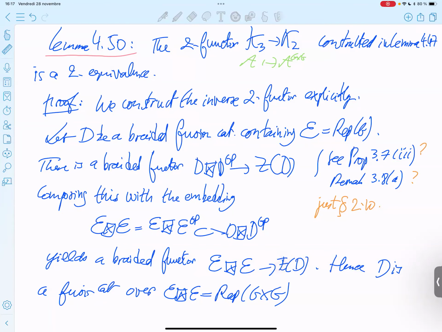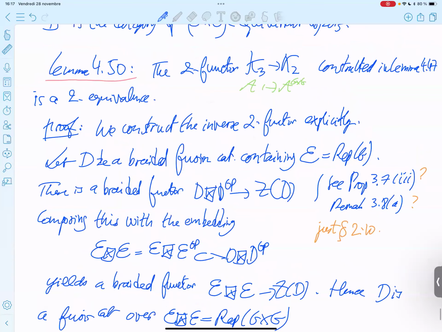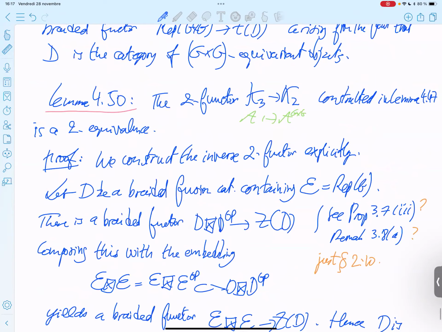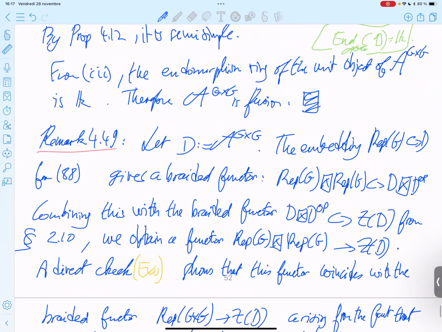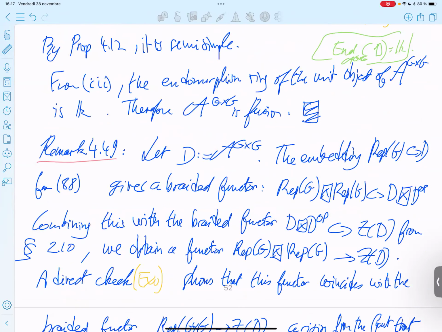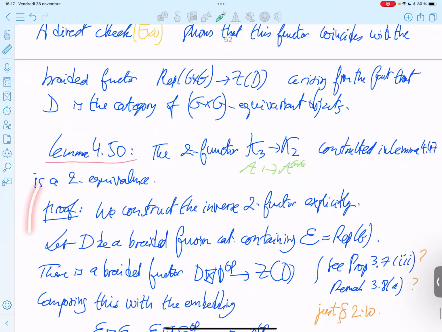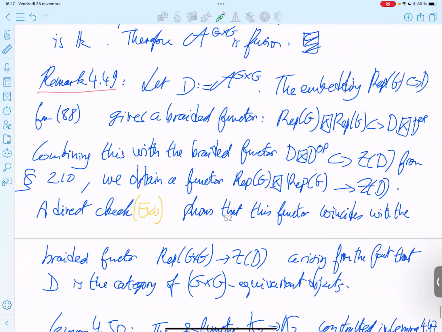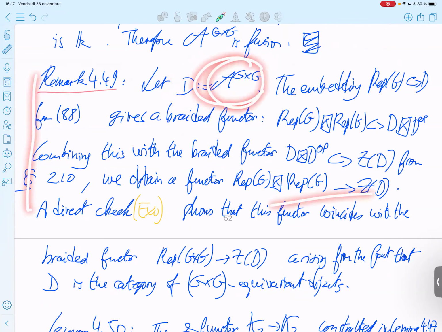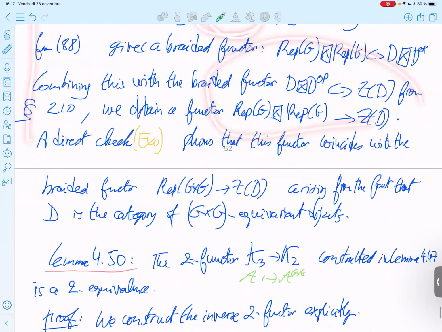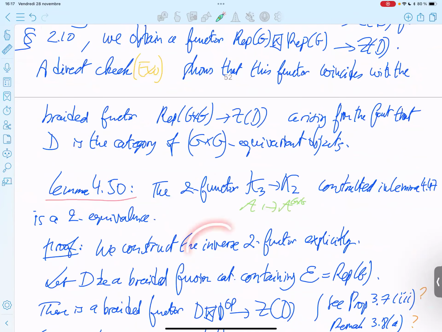So what about that? You start from D. In fact, it's not so surprising that this remark aligns with this lemma, because we obtained this D this way, and we got this property. We want to prove the inverse, so we construct the inverse.